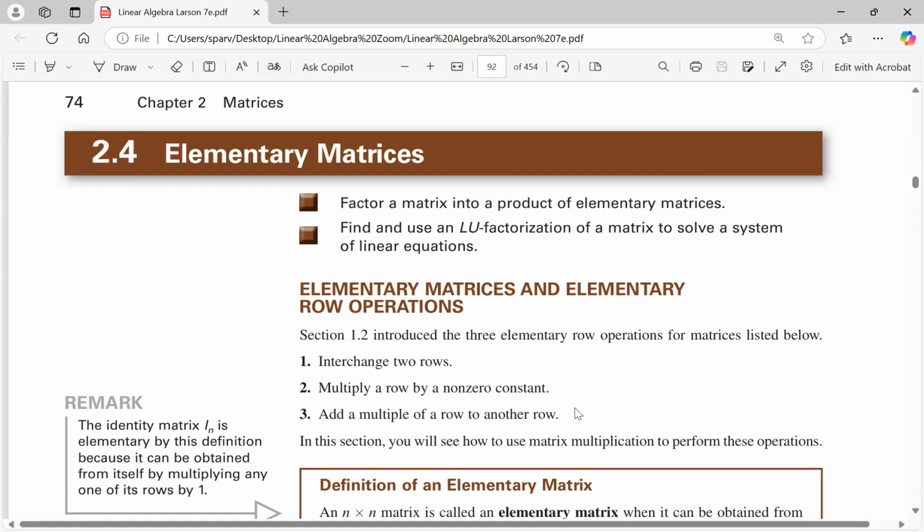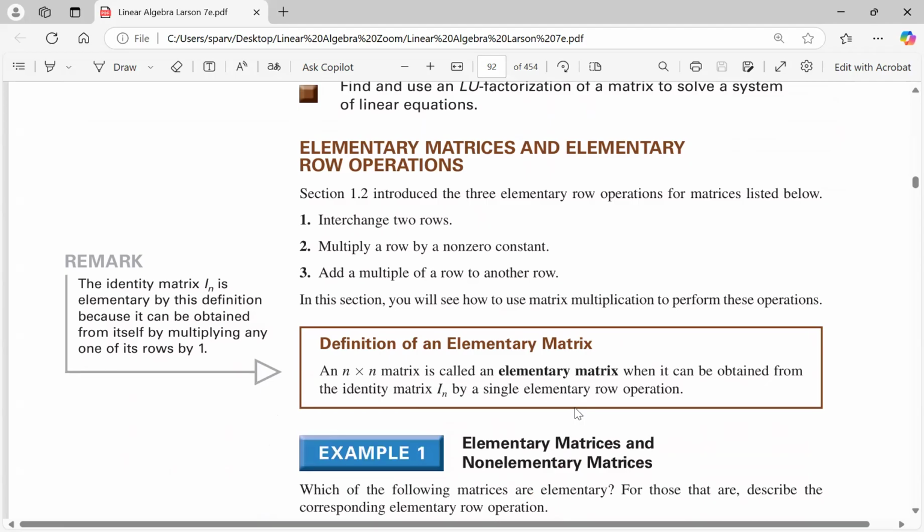Okay, now here's the definition of what is an elementary matrix. Remember, these are all square matrices, so they're order n, n by n. It is a matrix that you get from the identity matrix.